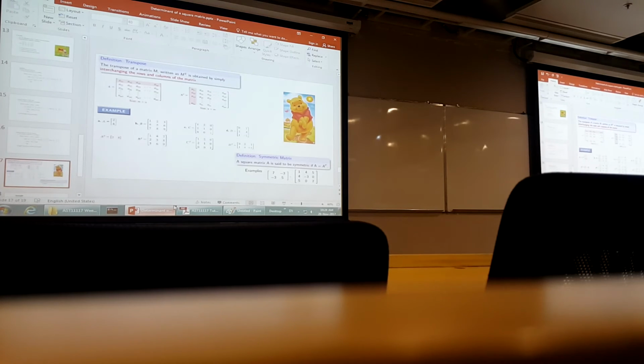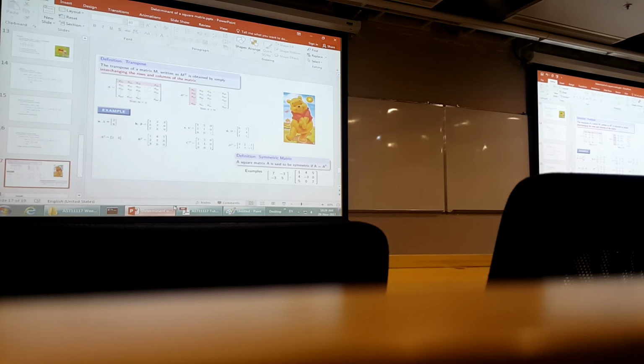Whenever the transpose is the same as itself, we call this matrix symmetric. Now, if you do not read the diagonal entries, then all the others are mirror images of each other, making the diagonal the mirror. Then the matrix is symmetric. Okay, you see?